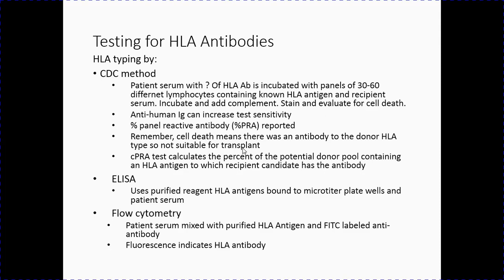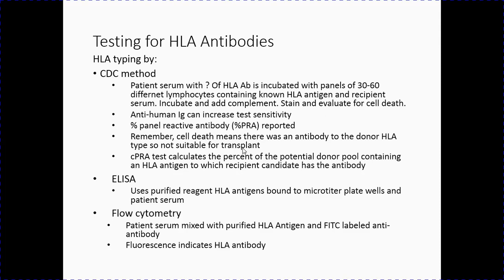So how are we going to do some testing for antibodies? We're going to do a variation on the CDC method, if you remember, the method where we were testing for antigens. In this case, we're going to use patient serum instead of patient cells, and we're going to incubate it with reagent lymphocytes, 30 to 60 different kinds of lymphocytes containing known HLA antigens.